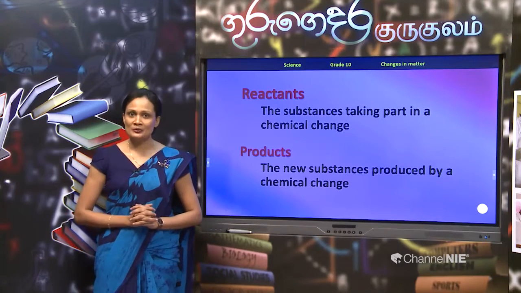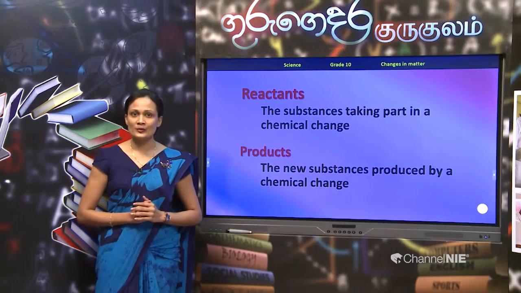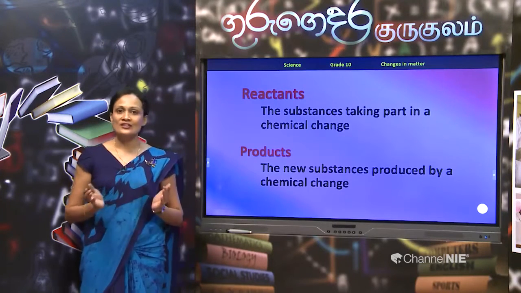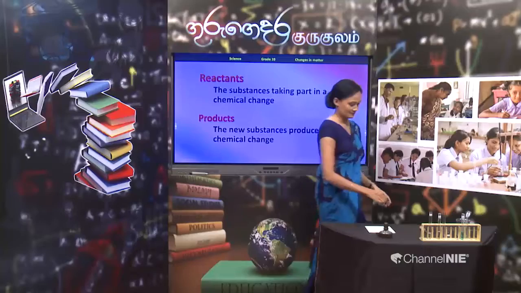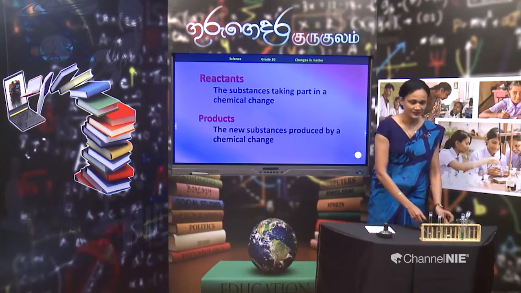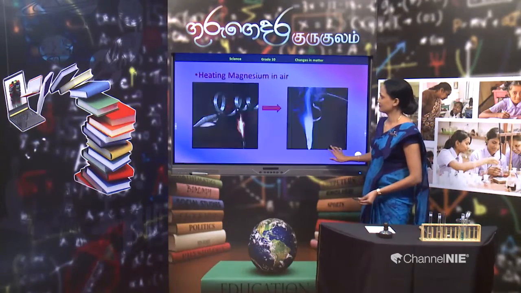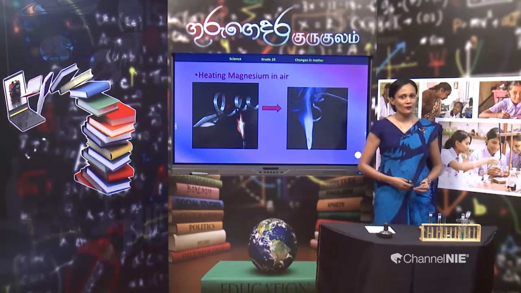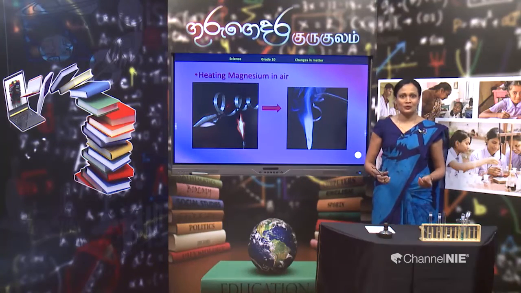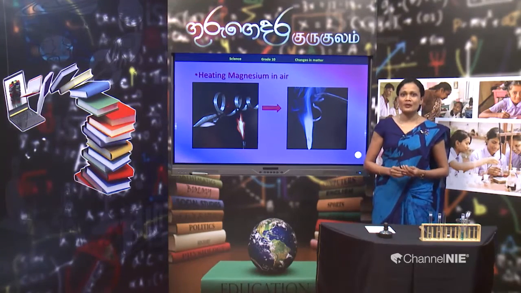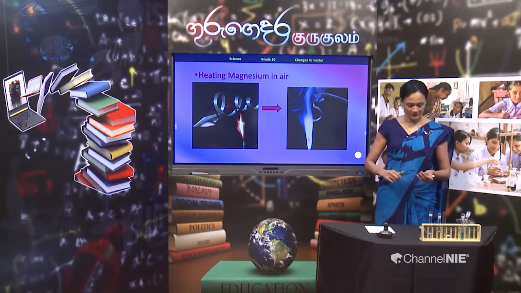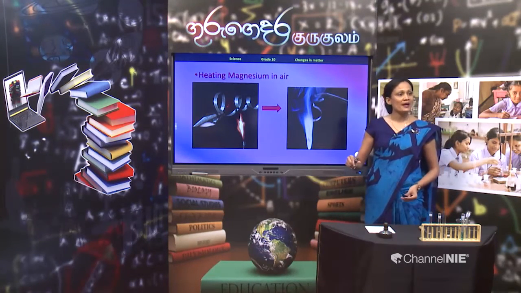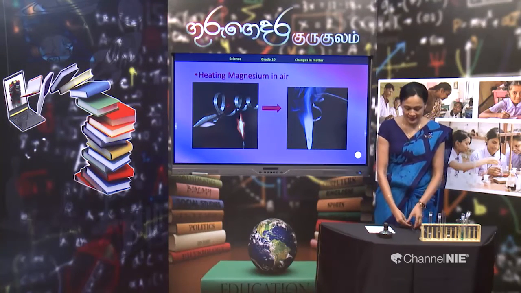Today I am going to do some experiments relevant to chemical changes. Okay children, let's start. First of all, I would like to show you how magnesium reacts with air. For that, I have a magnesium strip held in a pair of tongs.